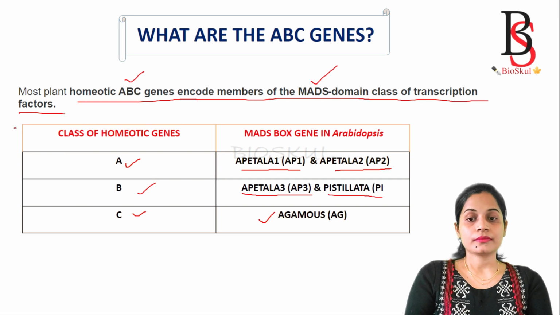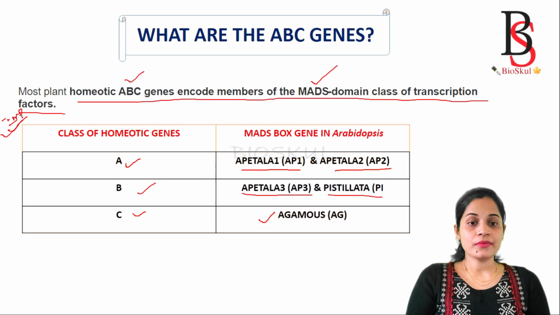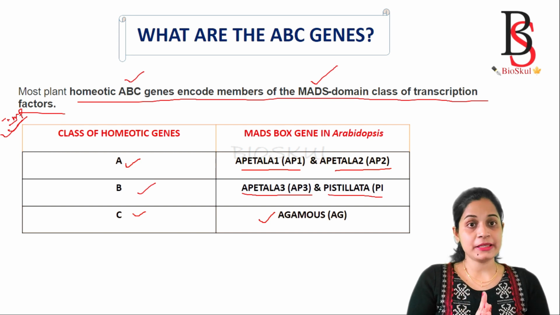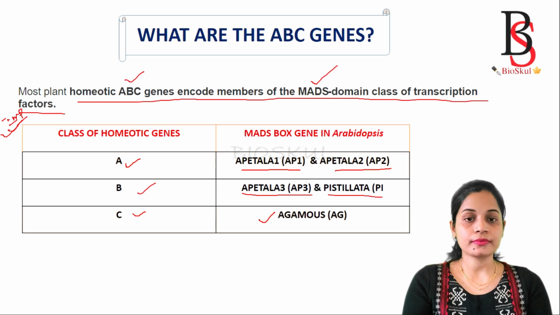Okay, this is also important. So for class A, the genes are Apetala 1 and Apetala 2. For class B, the genes are Apetala 3 and Pistillata, whereas for class C, the gene is Agamous.